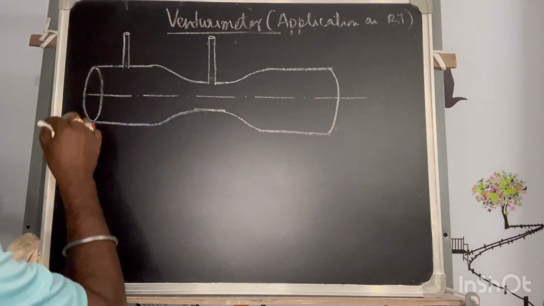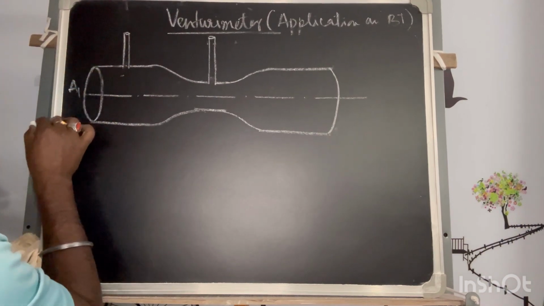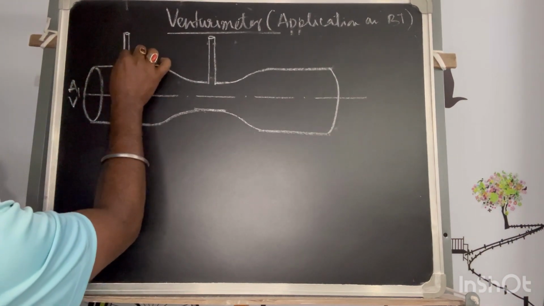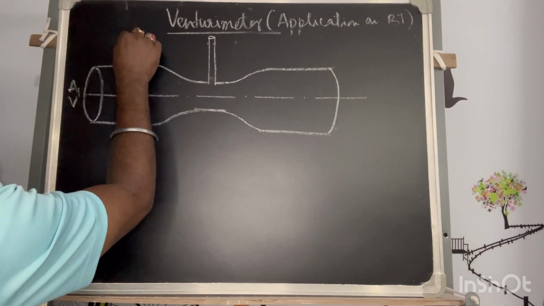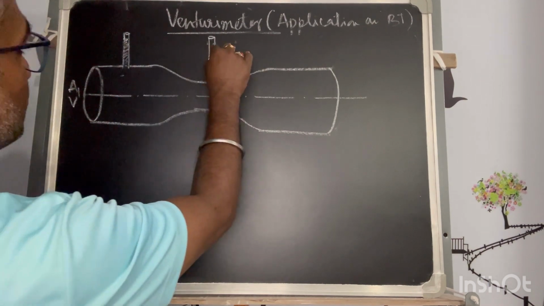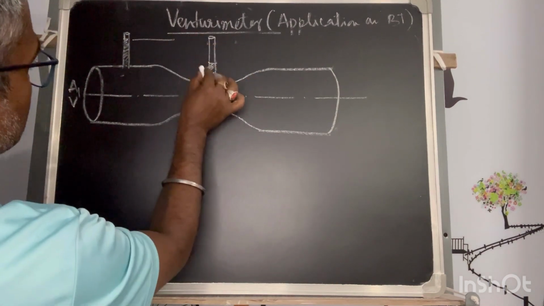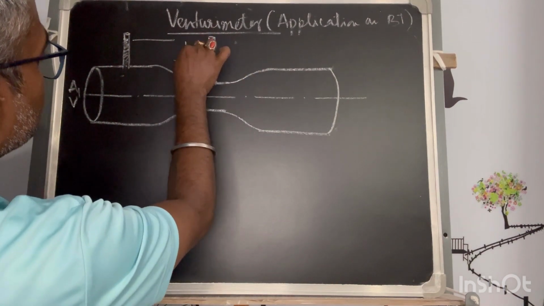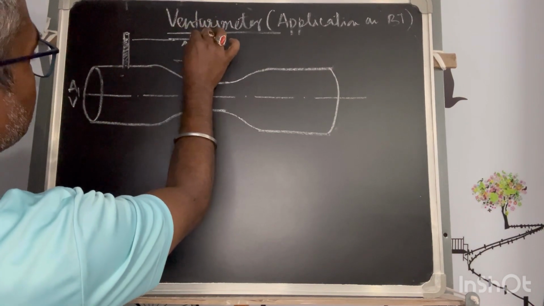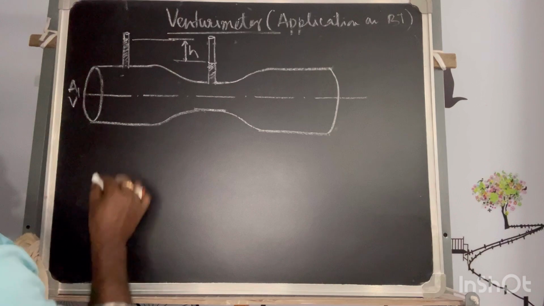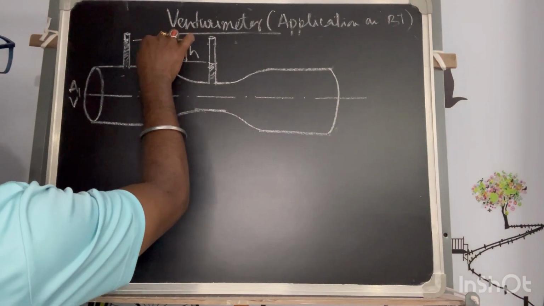Now the cross section at this end is, let's say, A1. The velocity just below, because this will be the fluid column here, and this will be the fluid column here. There is a difference of fluid column, let's say denoted by H. From the center line up to this height, let's say this is H1.